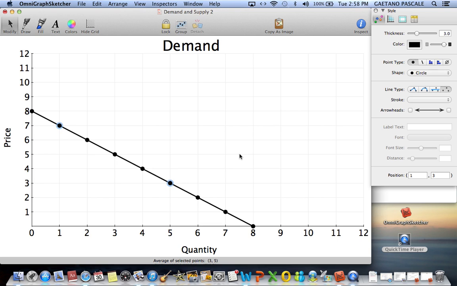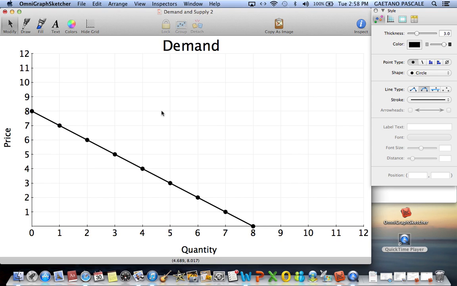All right, so if you move from one point on a demand curve to another, any number of points, if I move from here to there, that is a change in the quantity demanded. We're saying that the price changes and that's causing the quantity demanded to change.